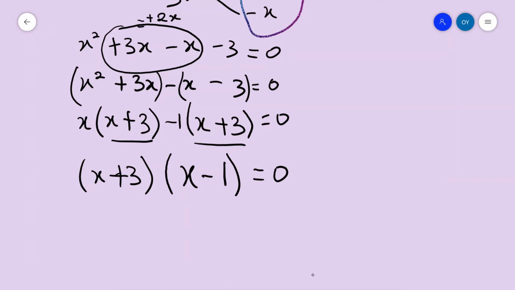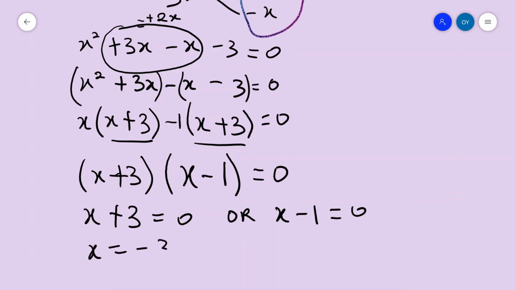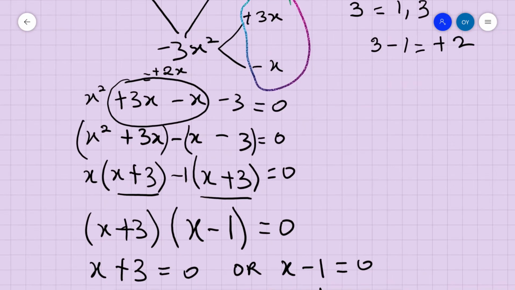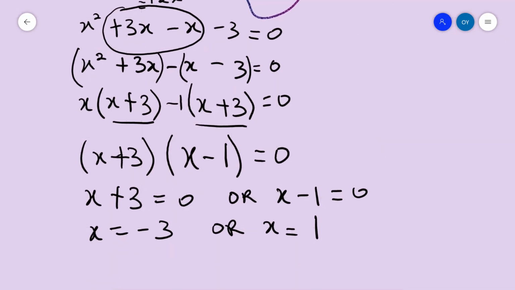So this implies that x plus 3 equals 0 or x minus 1 equals 0. And here x equals negative 3 or x equals 1 or plus 1. So the values of x to make this equation equal 0 are negative 3 and plus 1.